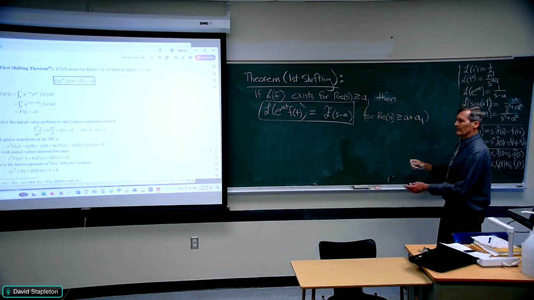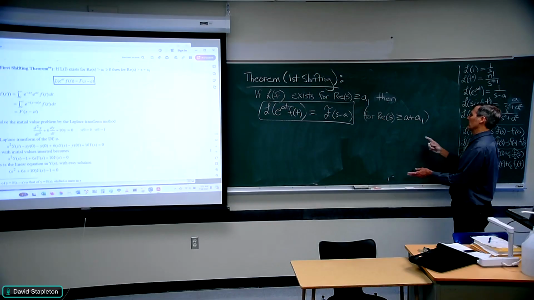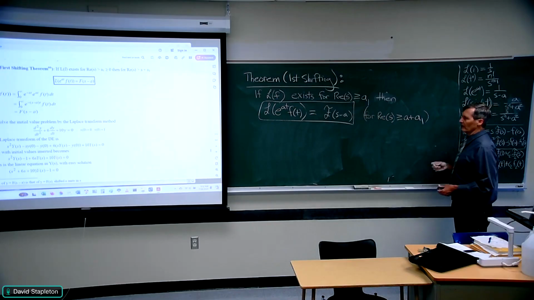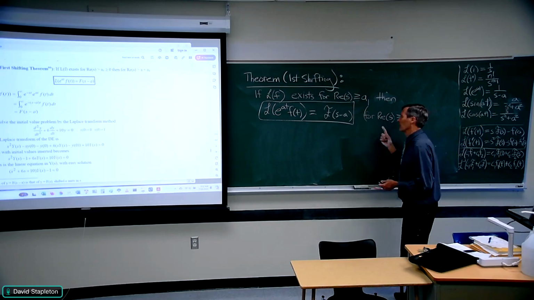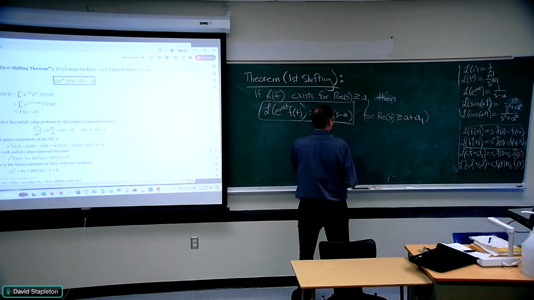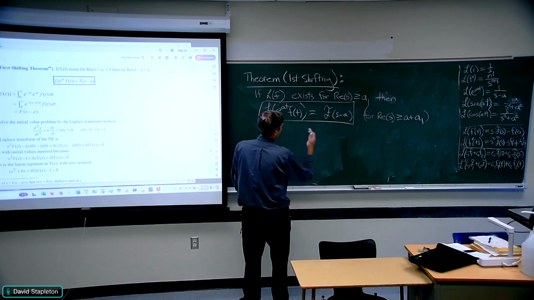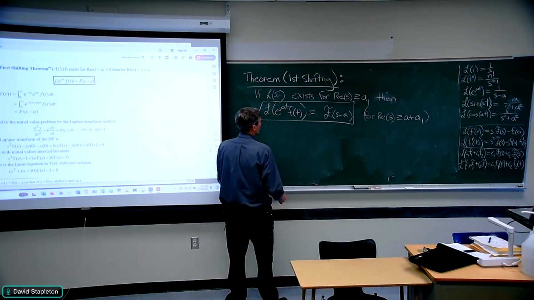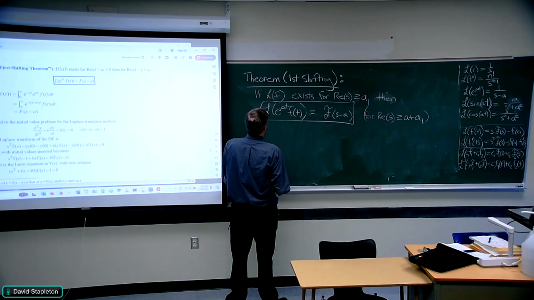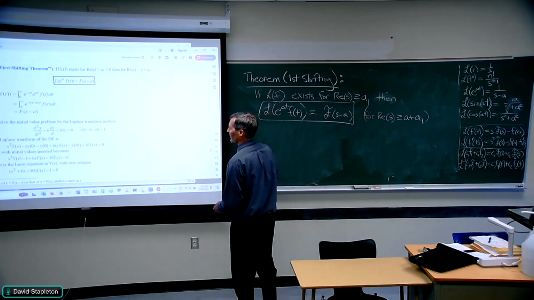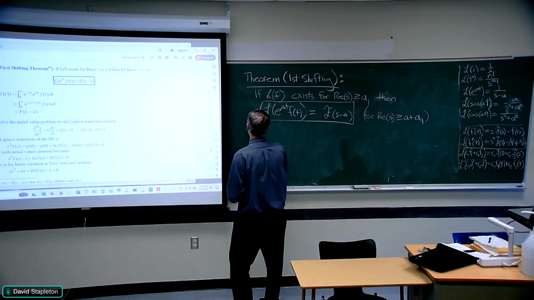As long as it's true for real part of s greater than some finite number, then we can apply these theorems to solve our differential equations. But just for completeness, since it's a math class, we'll point out that this doesn't necessarily exist for some values of s, but there's a half plane way over on the right somewhere for which it's true. All right, so there's the shifting theorem, and now we can use that to solve this next problem.